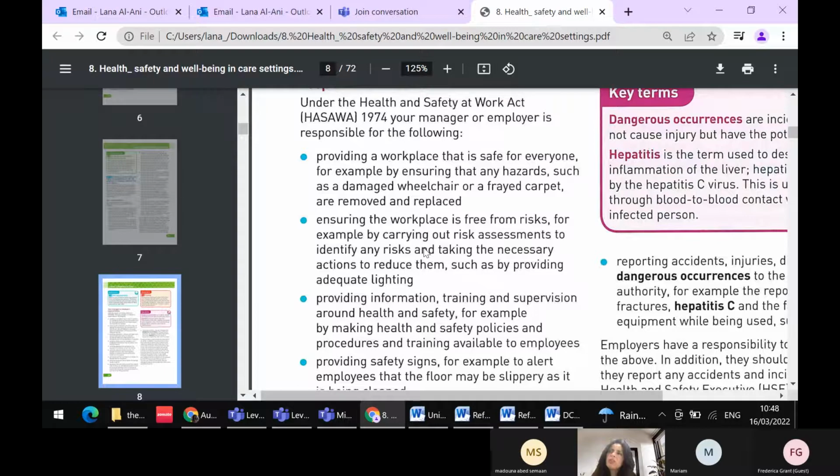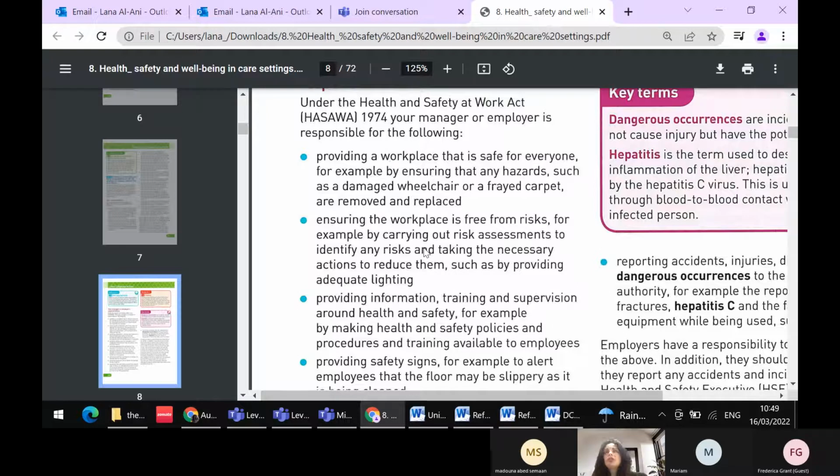Is there a responsibility to do risk assessment? Yeah? Yes. Okay, very good. Yeah. So my manager's responsibility should be always doing a risk assessment. Make sure that the environment is clean, is clear of any danger, any harmful things that could happen, and take the necessary action to reduce these harmful things if there are.